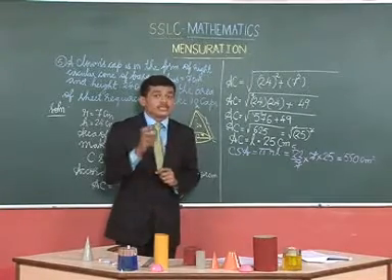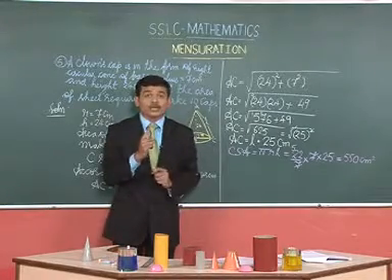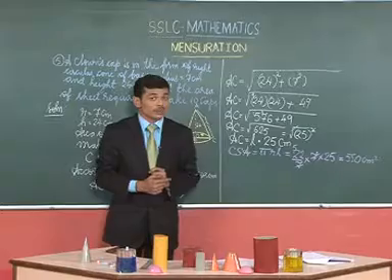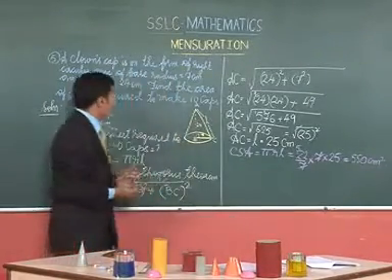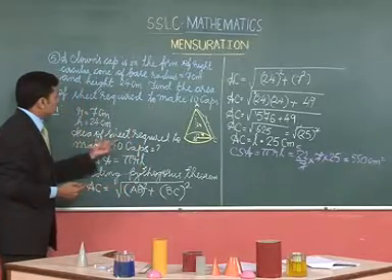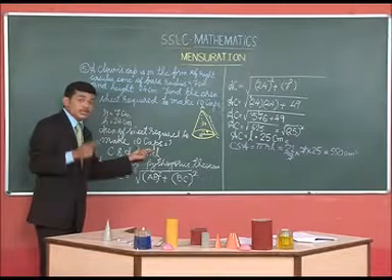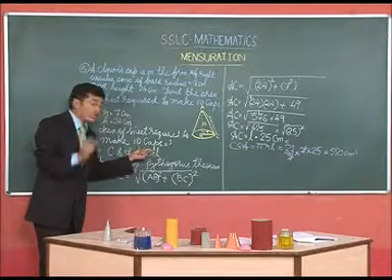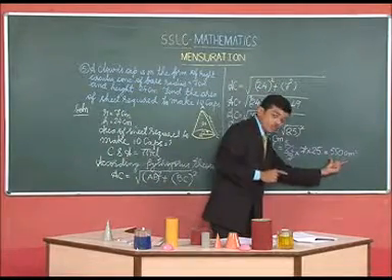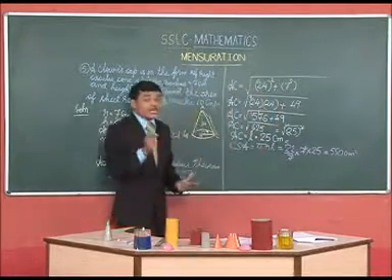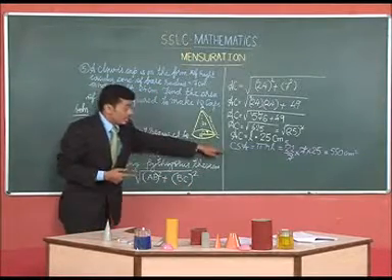That means that this is the area of the sheet which is required to prepare one conical cap. But the question here was, what is the area of sheet required to make 10 caps? The area of the sheet required to make one cap is equal to CSA, that is 550 centimeter square. So to prepare 10 such conical caps, we require 10 times this area.